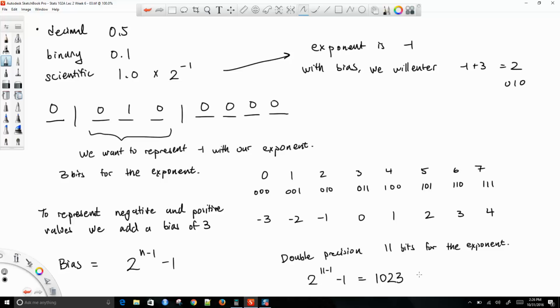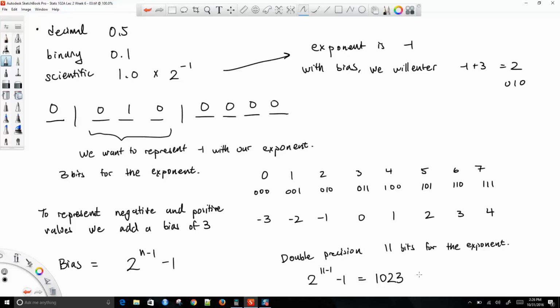This is happening at the hardware level in your computer: there are 11 bits to represent the exponent, and whatever value comes out of those 11 bits has a bias of 1023 in it, in order to represent both negative and positive values for our exponent.